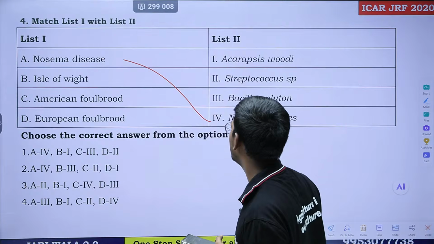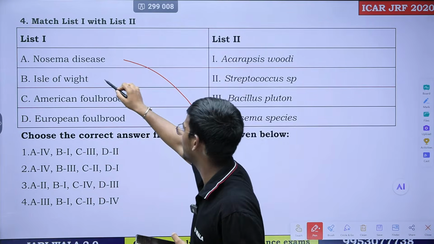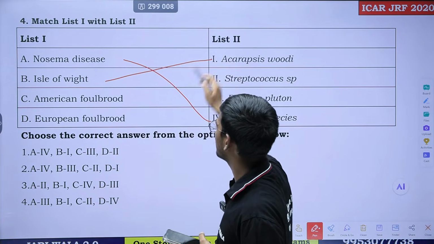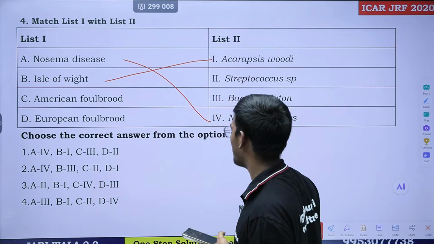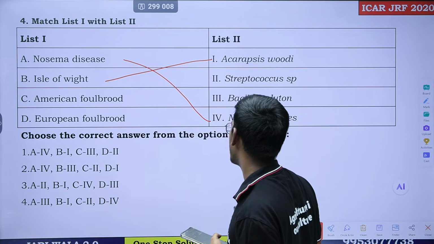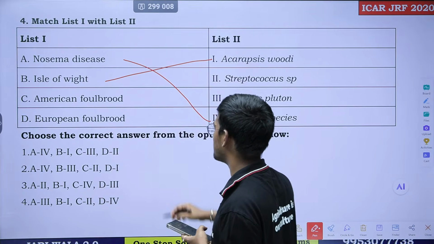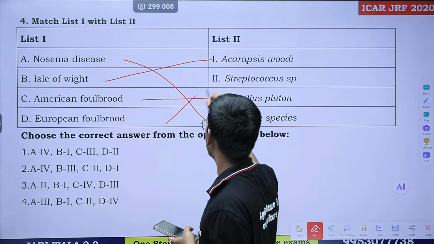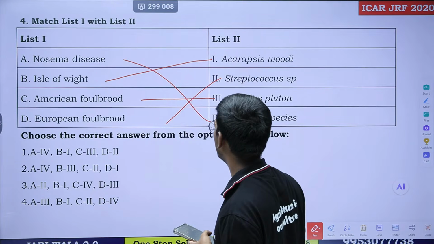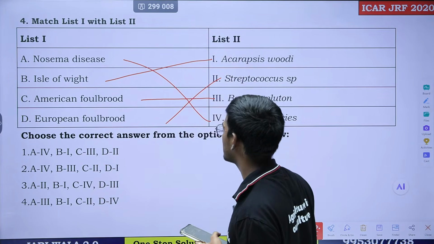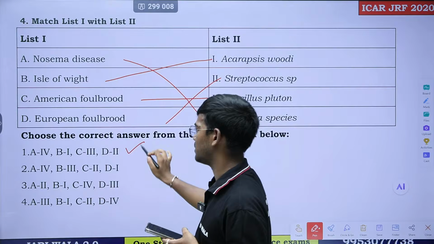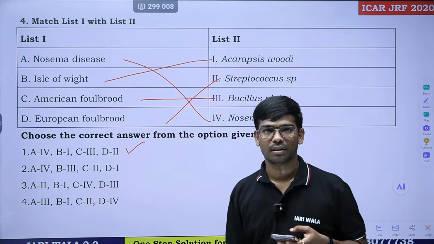Isle of Wight disease is Acarapis woodi, a mite. American foul brood is caused by Bacillus pluton, and European foul brood is caused by Streptococcus species. So A4, B1, C3, D2. That is 1. Yes, option 1 is correct.